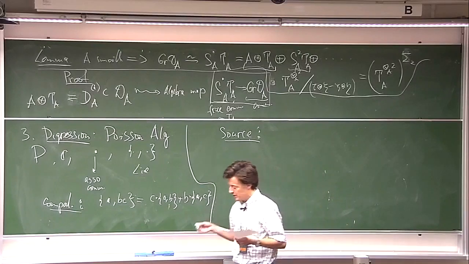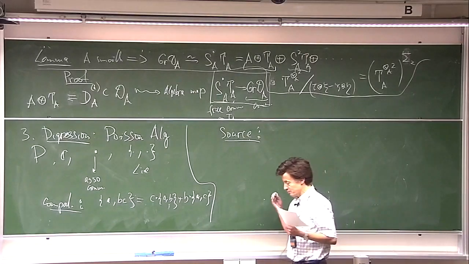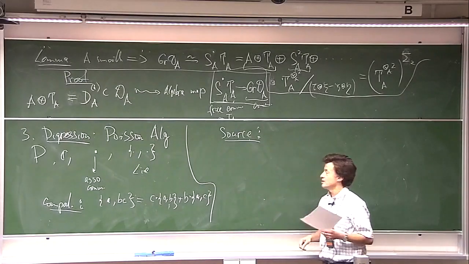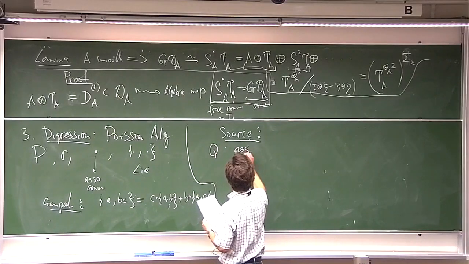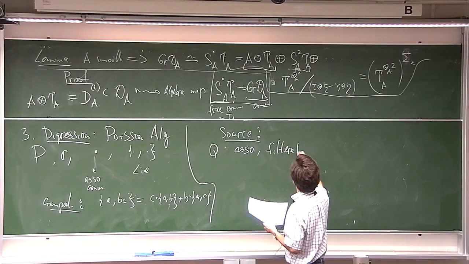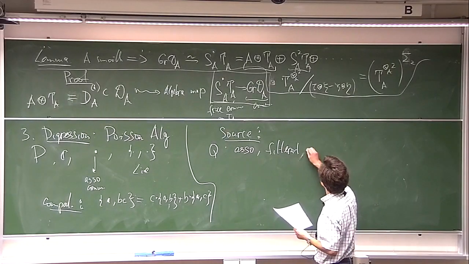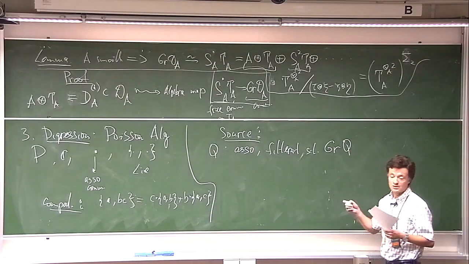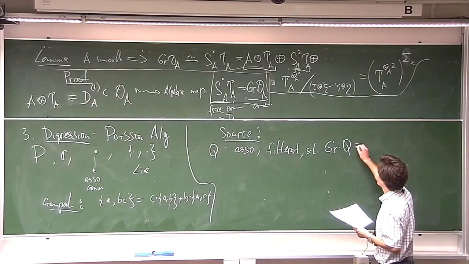Poisson algebras naturally arise in classical mechanics. But for an algebraist, a source is as follows. Suppose Q is an associative filtered algebra. Since it's filtered, you can introduce, as we've done, the corresponding graded algebra.